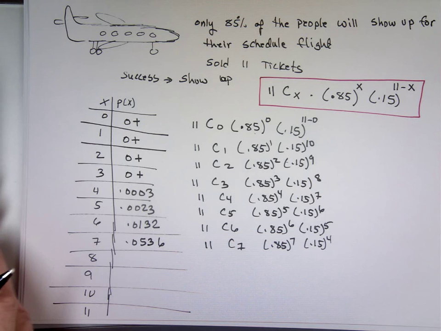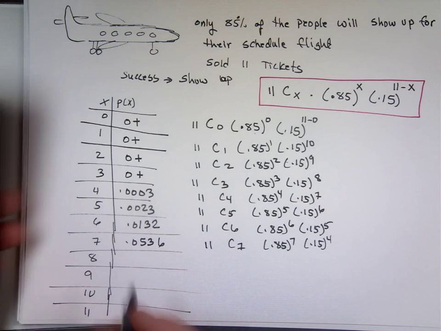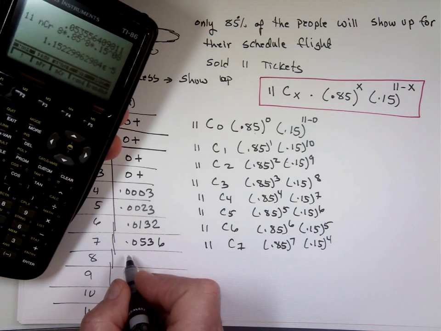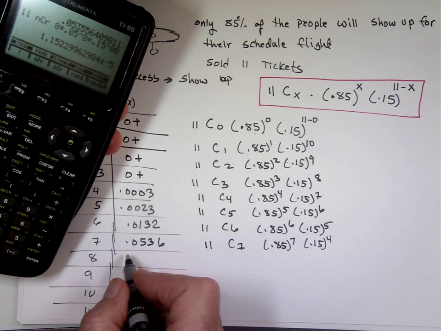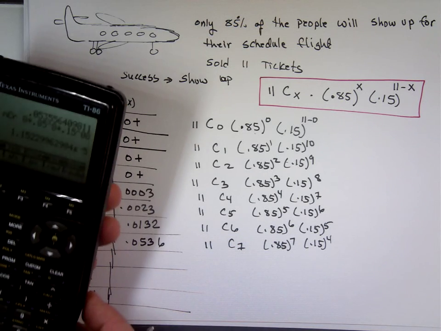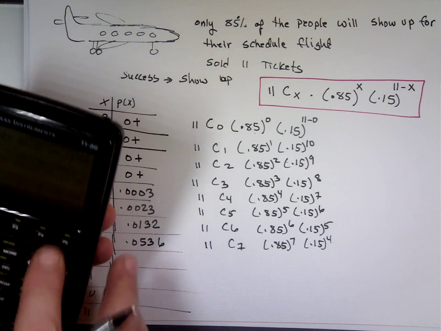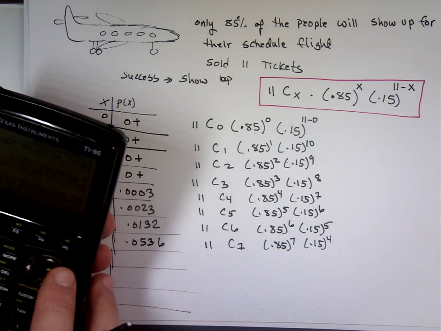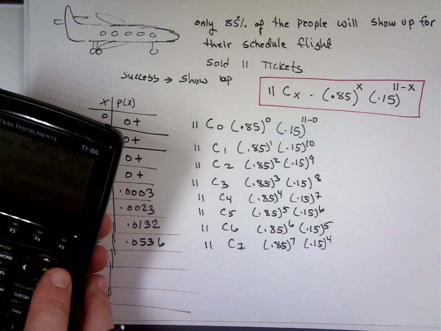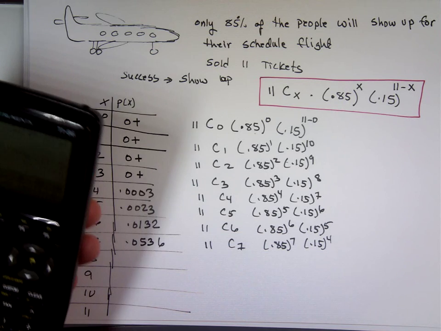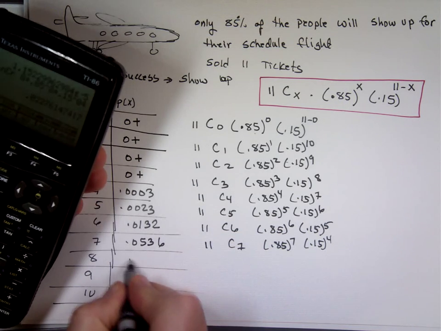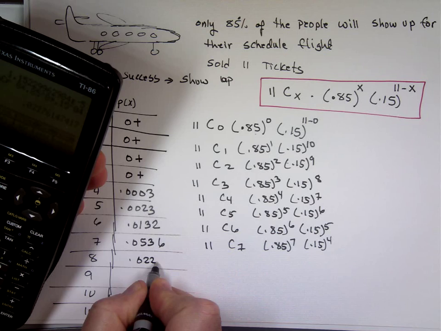Uh-oh, I screwed up there. That was not here. It's 8, and a 4. 0.0228. Is that what you got?